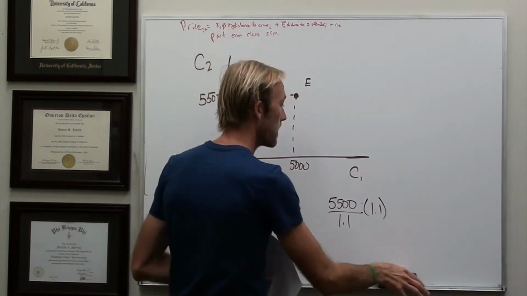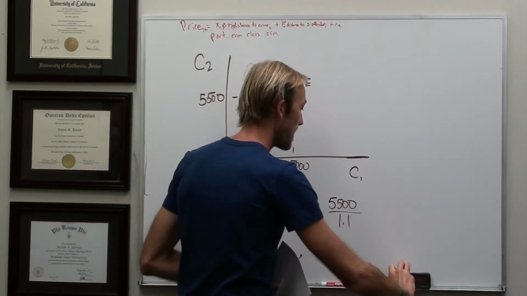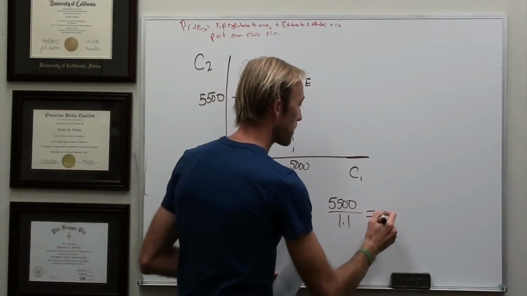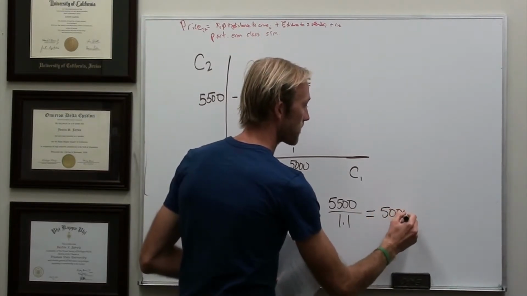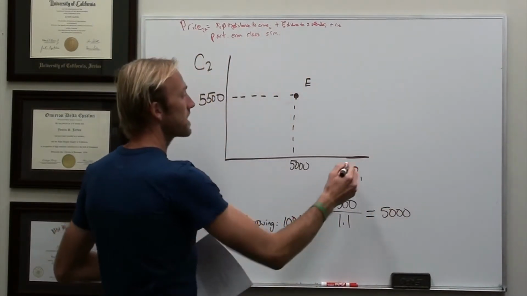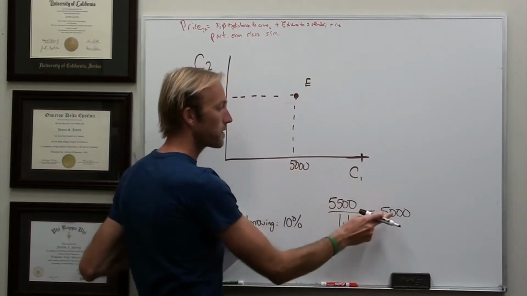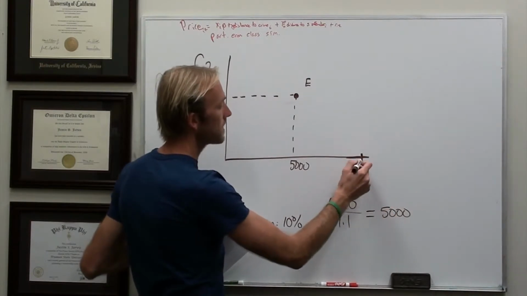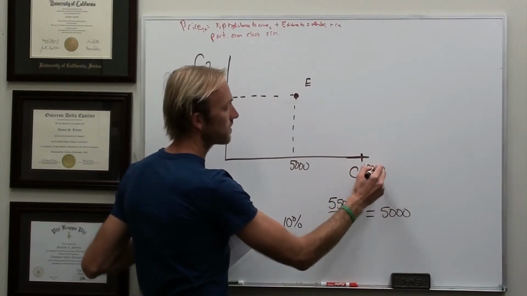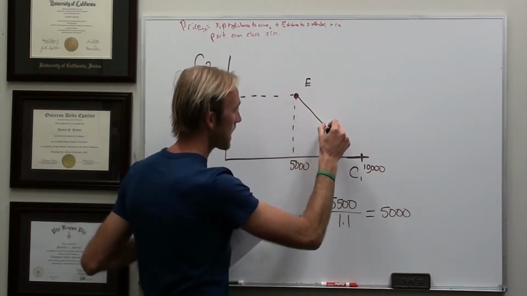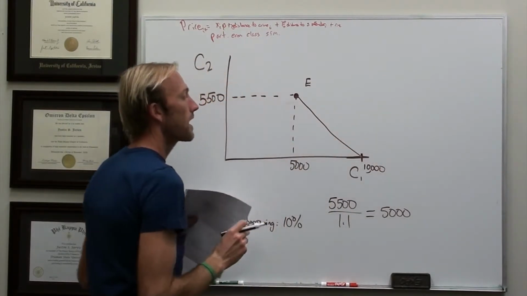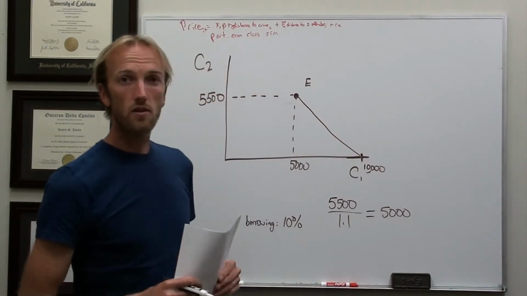So the maximum amount the bank would pay me today is $5,500 divided by 1.1, which is $5,000. So the total amount I could eat now is the $5,000 I'm currently getting paid plus the $5,000 loan the bank would make me. That's $10,000, okay?